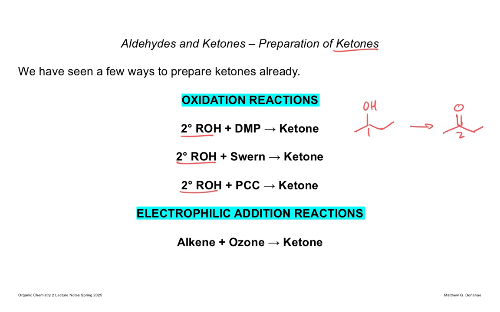We learned that tertiary alcohols, you can't oxidize them. Now for this ozone reaction, the alkene has to have carbon substituents bonded to the sp2 hybridized carbon. You can't have hydrogen, because hydrogen is going to end up as the aldehyde.